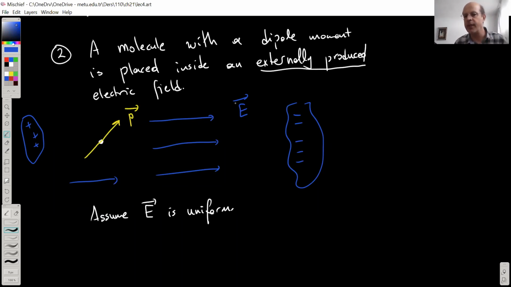So I'm forgetting about the field produced by the dipole. Just forget about it. This field is produced by some other charges or some other dipoles perhaps, and we would like to see how these external charges apply a force on this one. Again, I'm going to assume that this is uniform.